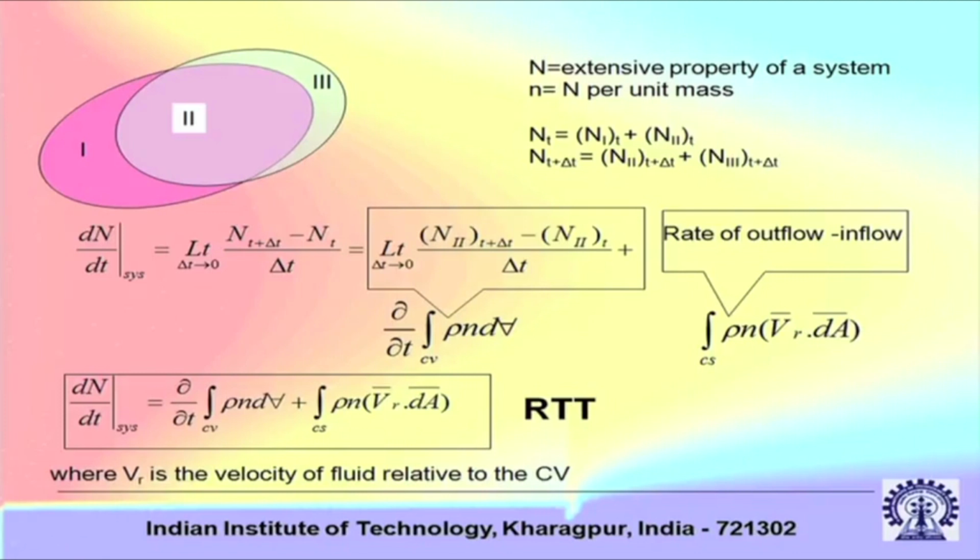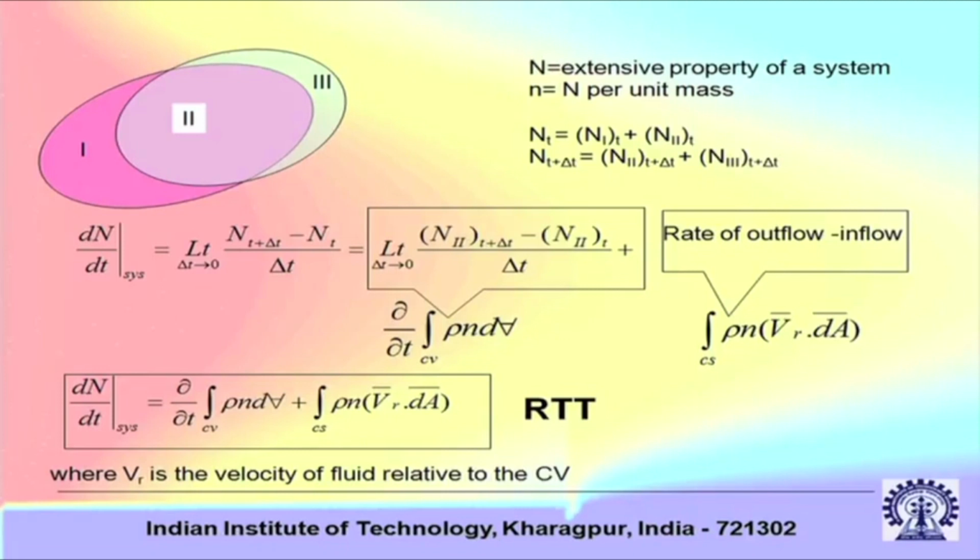We are interested in finding out what is dN/dt of the system. By definition of the derivative, it is the limit as delta t tends to 0 of N(t plus delta t) minus N(t), divided by delta t.